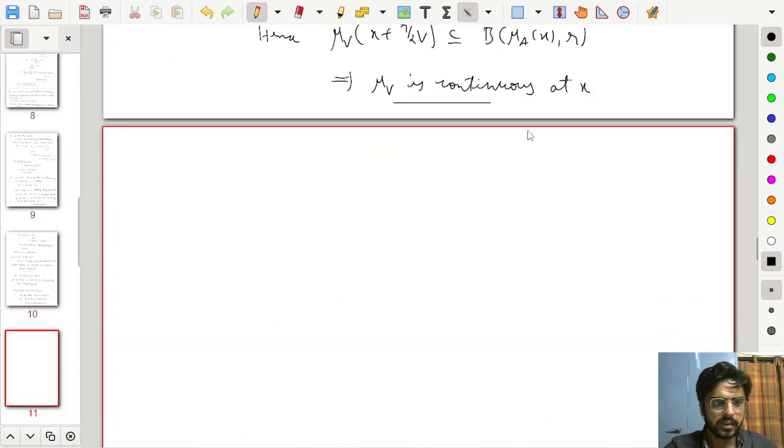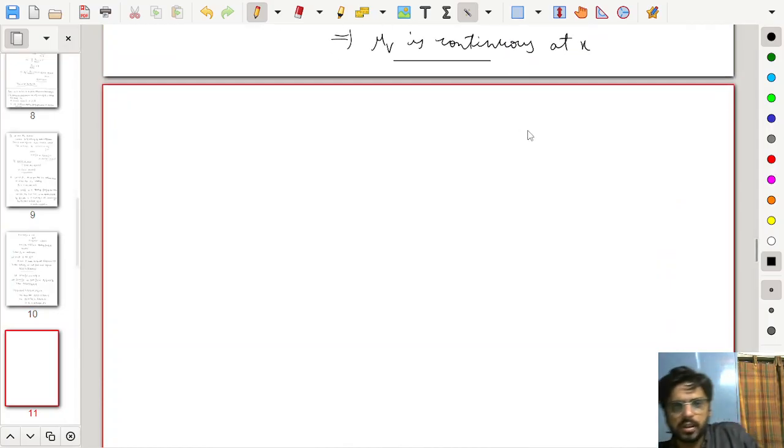The converse, the proof is a little involved. So, theorem.